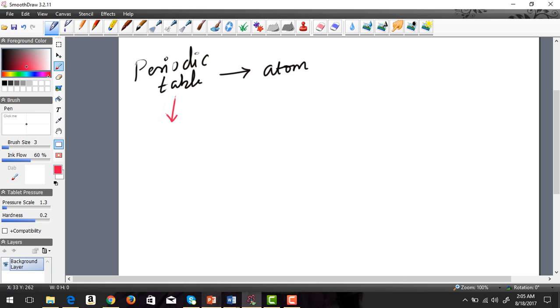We talked about how elements were sorted by atomic number, which is how Mendeleev designed it, right? And then we went to the atom and we dissected the atom based on the atomic number.